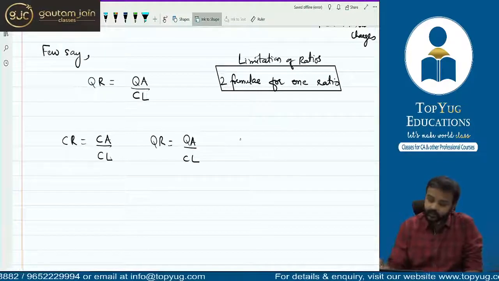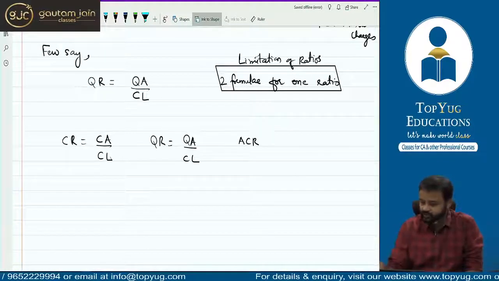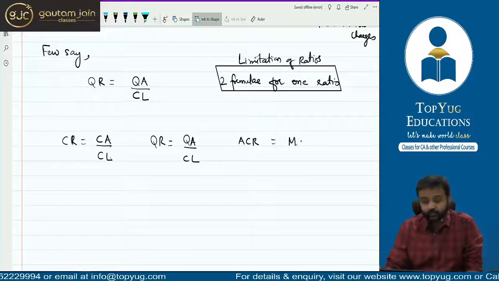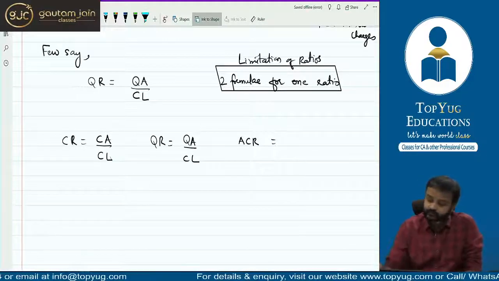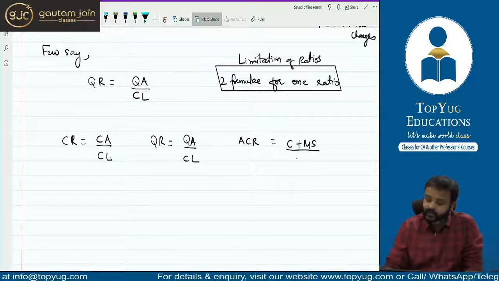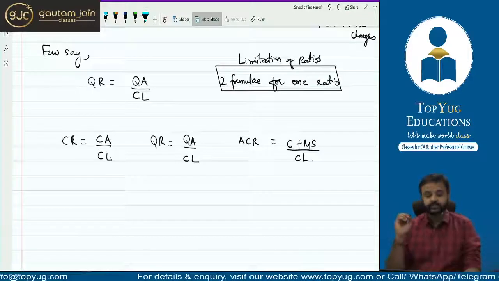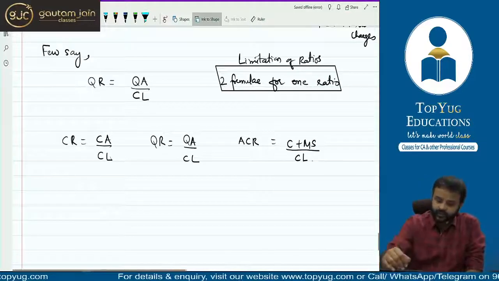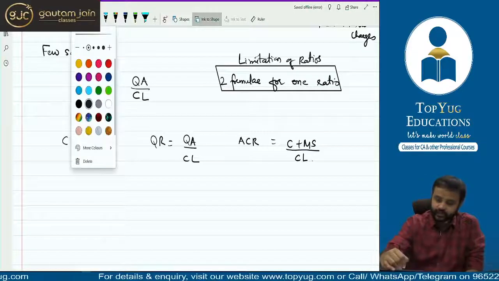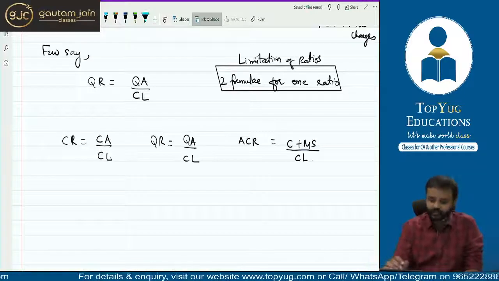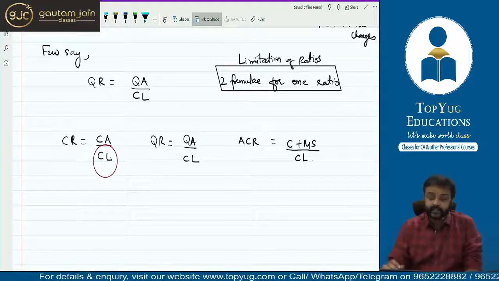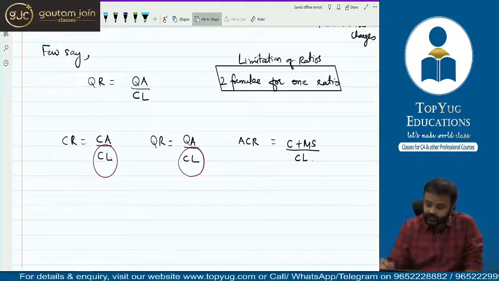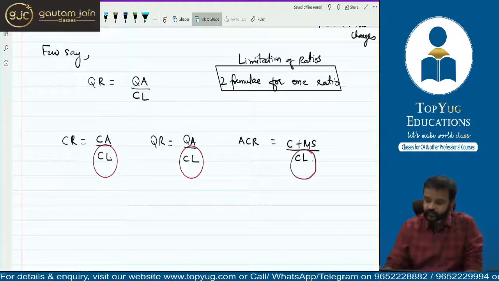And if you recall, absolute cash ratio was cash plus marketable securities divided by current liabilities, isn't it? So the similarity in these three ratios is that current liabilities is in the denominator in all three.